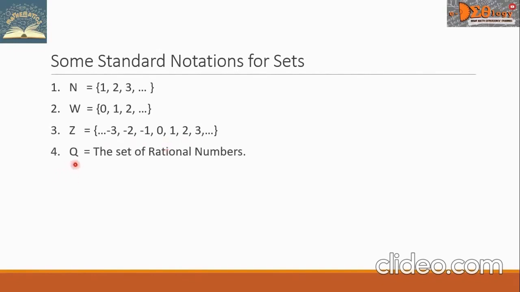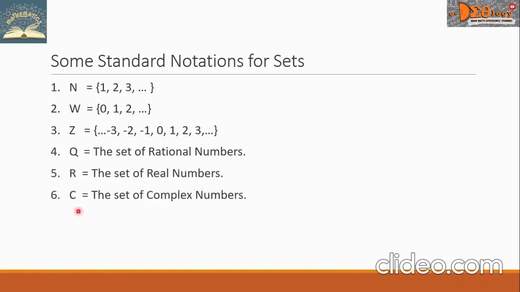Set 4 is the Q, and this is the set of rational numbers. Another set is the R, and this is the set of real numbers. Set C is the set of complex numbers.